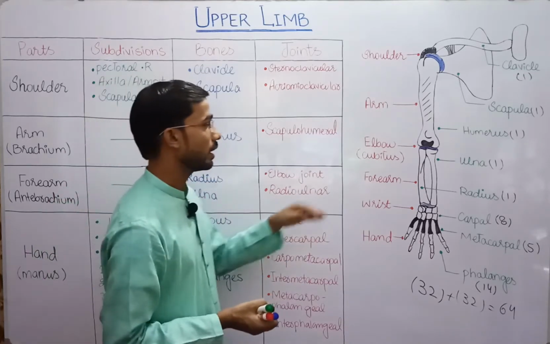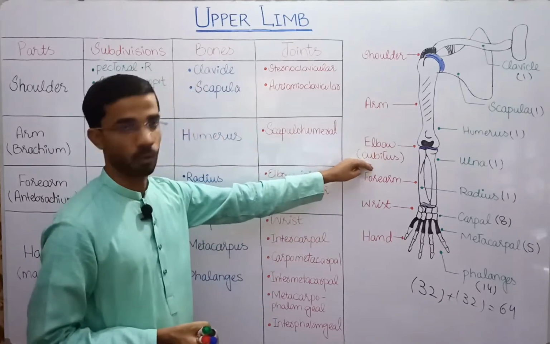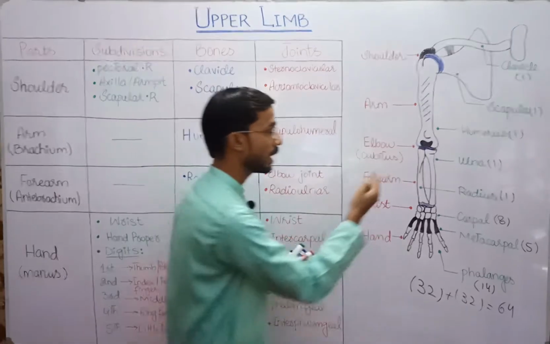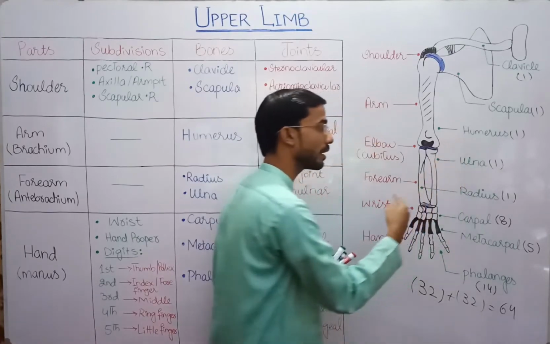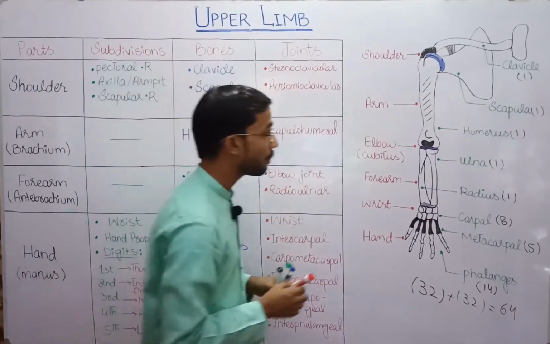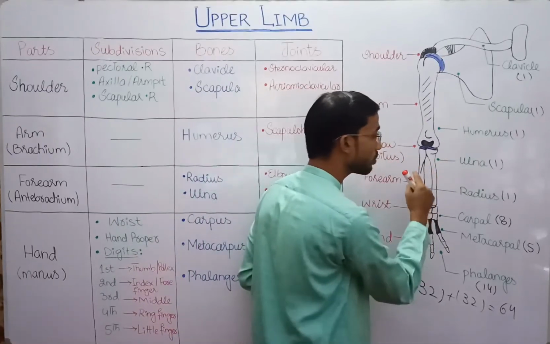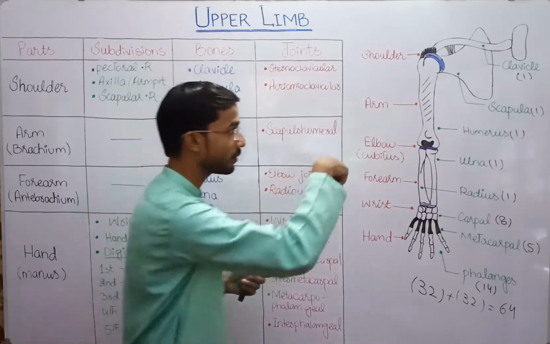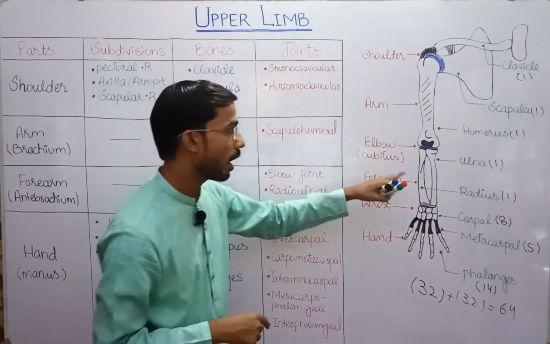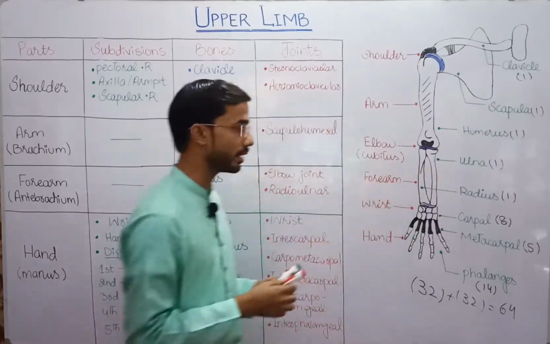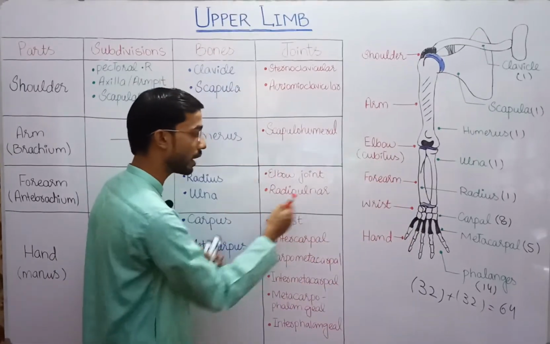Next, in the elbow, which is also called cubitus, the elbow joint is between the humerus, radius, and ulna. But a joint can also be present between the ulna and radius. Two joints are between the humerus and the radius or ulna, and between the radius and ulna there is another joint, which is called the radio-ulnar joint.